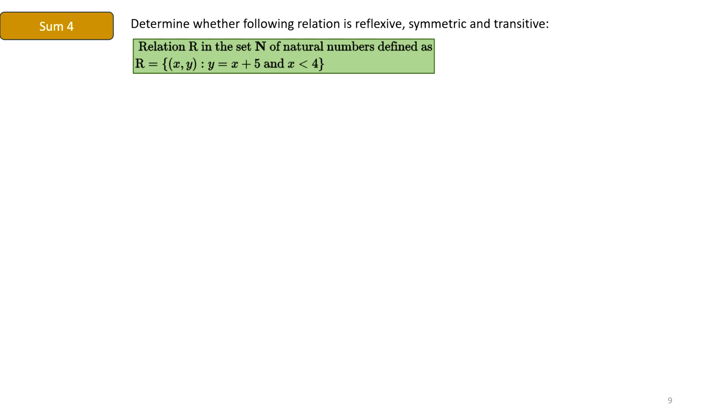A relation R in the set N of natural numbers is defined such that (x, y) is in R when y is equal to x plus 5 and x is less than 4. Determine whether the relation is reflexive, symmetric, or transitive.